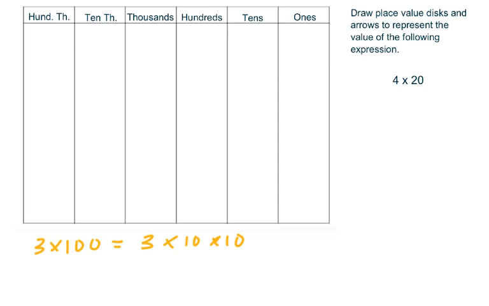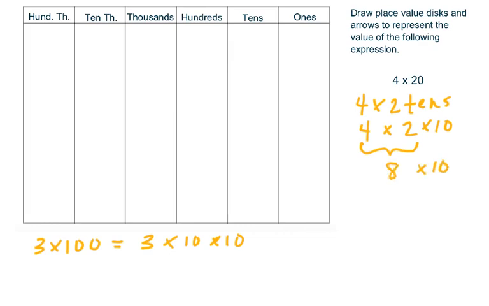So some ways you might be thinking are 4 times 2 tens with your unit form. You might think about 4 times, and if I break that 20 up, I know that 2 times 10 is 20. Or you could even be thinking ahead and thinking, well, 4 times 2 is 8 times 10 gives me 80.